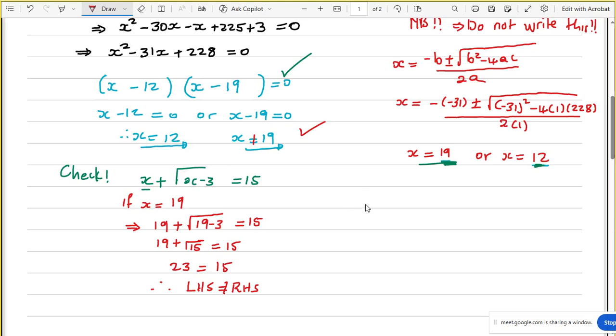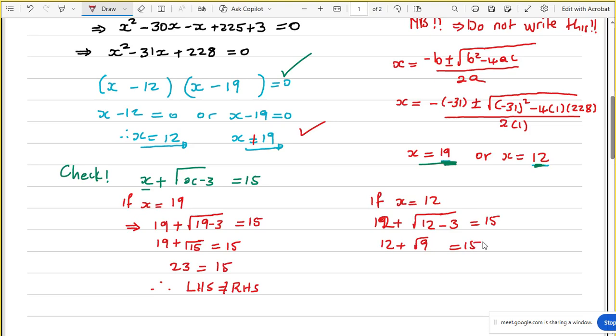Then you can also check for if x is equal to 12. So where there's x, you need to substitute 12 and see what you get. So this will be 12 plus the root of 12 minus 3, and then let's equate this to 15. We know that 12 minus 3, that's 9.